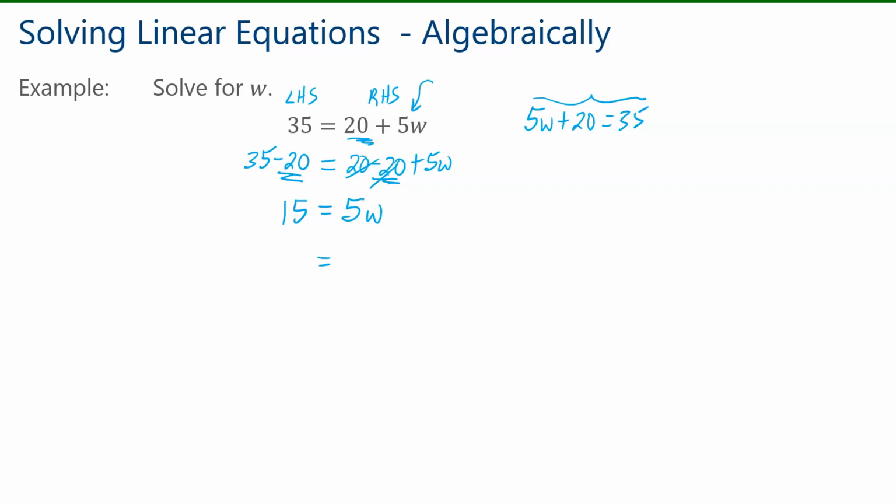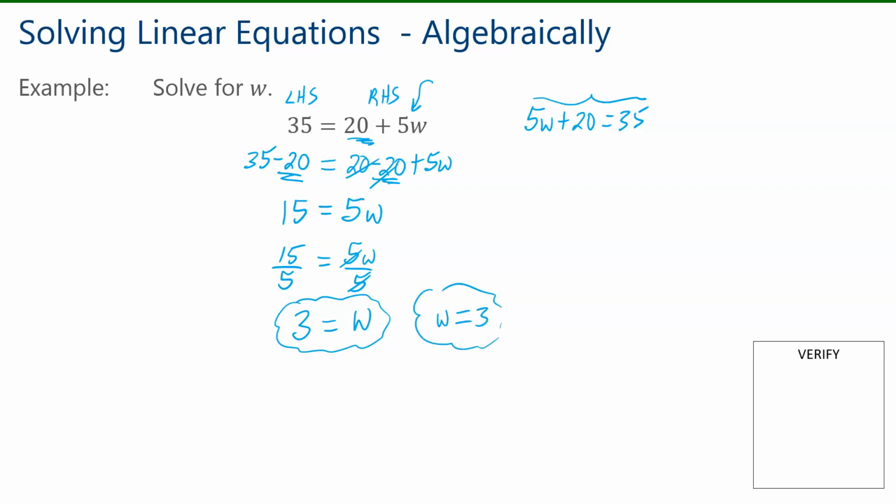I need to do the opposite operation for multiplication, which is division. I need to divide by 5. And if I divide the right-hand side by 5, I must divide the left-hand side by 5. 5w divided by 5 will give me just 1w, and 15 divided by 5 is 3. So w equals 3.